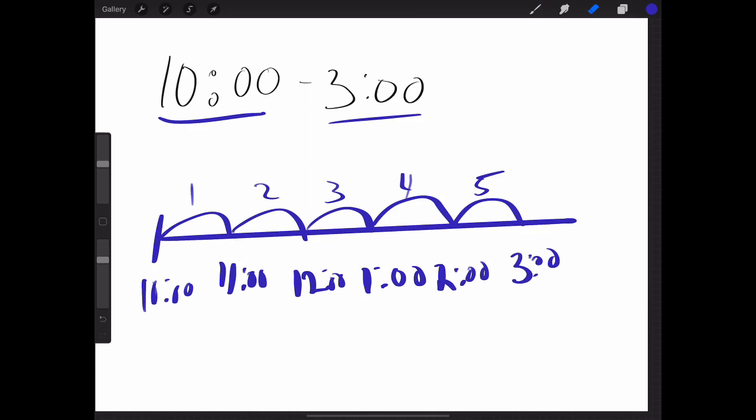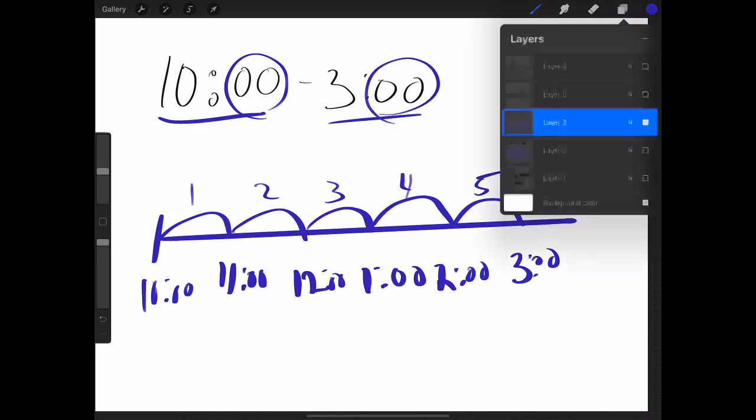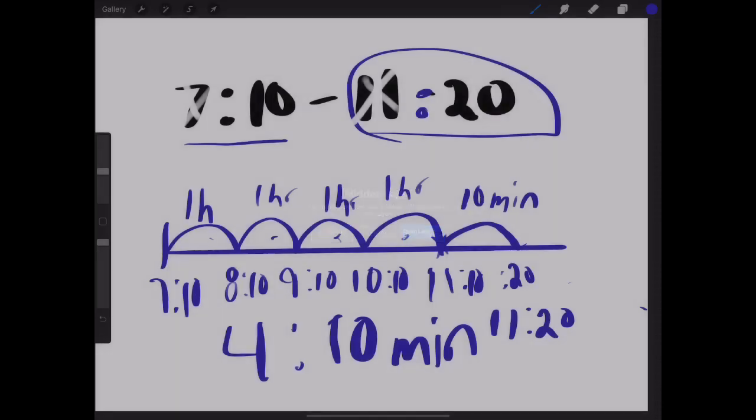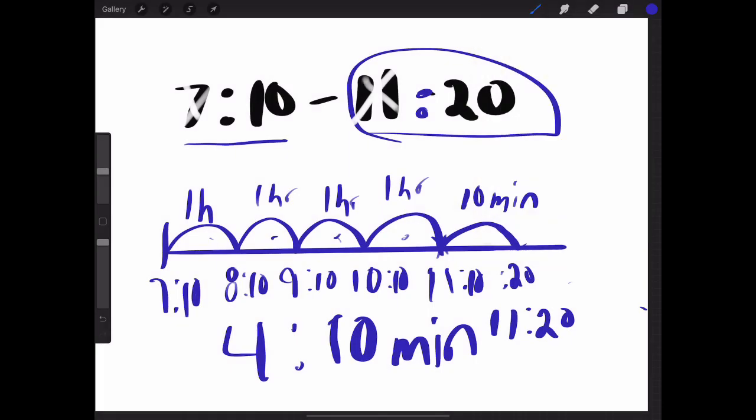No minutes exchanged, because if we look at the question that we started with, the minutes are exactly the same. On the previous question, those minutes were different. That's why we see this one's 20 and this one is 10. Since those were different, we had to do that as well.